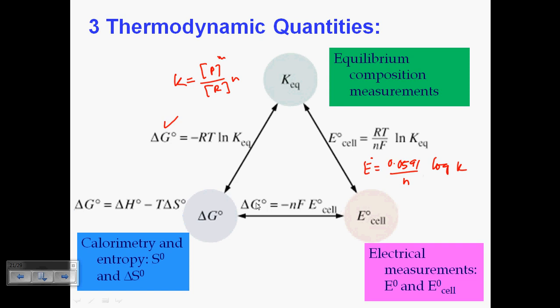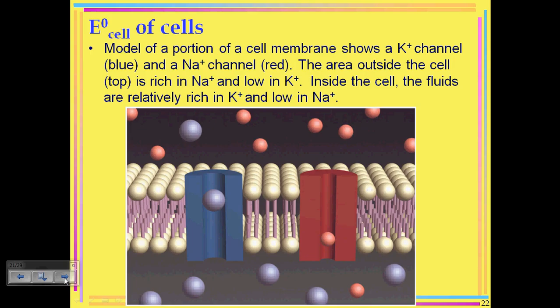Delta G and E0 are related to each other through delta G0 is negative NFE0. So you can interconvert between these by using these equations. And remember, Nernst equation is used to convert standard cell potential to non-standard conditions, or standard Gibbs free energy to non-standard Gibbs free energy, as we did in last chapter.